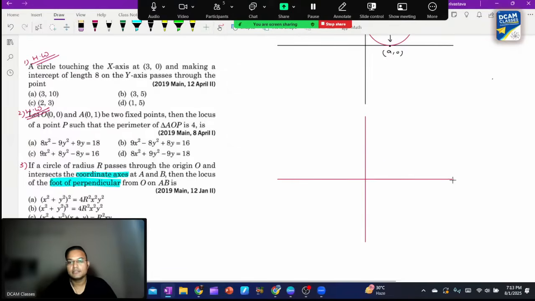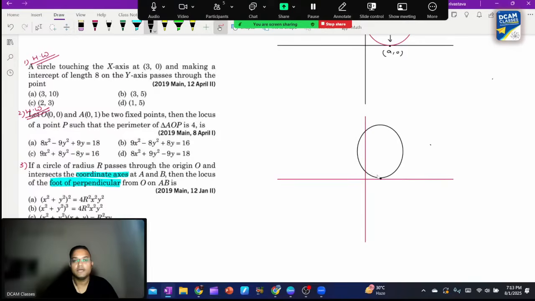Achha, let's do it. The first question we'll do. The circle touching the x-axis at (3, 0) and making an intercept of length 8 on the y-axis. See, observe properly how the question is.